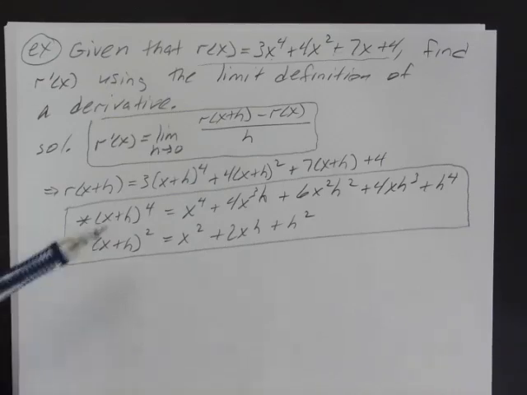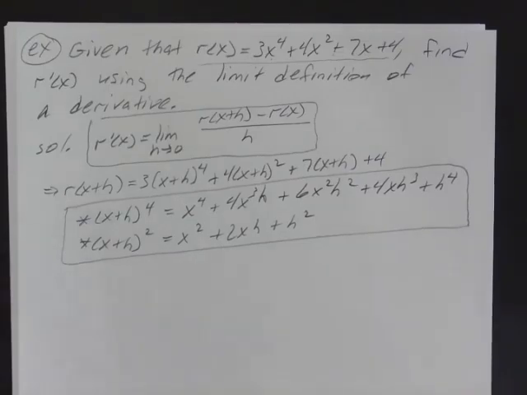For x plus h to the fourth power, you can use binomial theorem. For me, it's easy to use Pascal's triangle, but either one of those will work. Or you can do x plus h times x plus h times x plus h times x plus h, FOIL two of them together, and then just distribute between those two products.